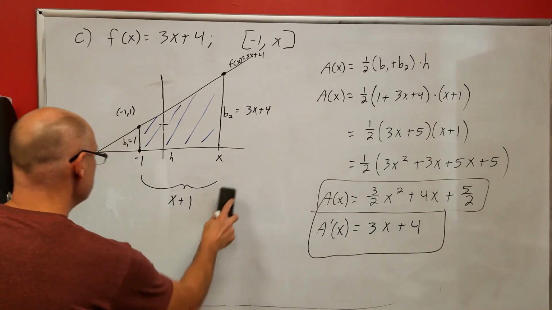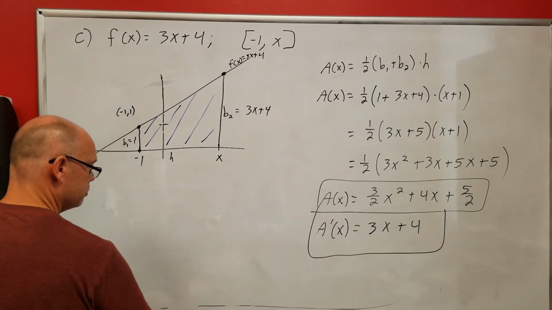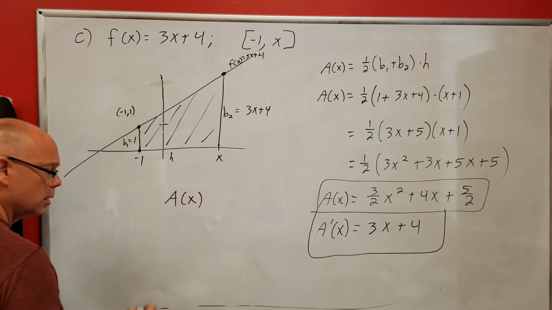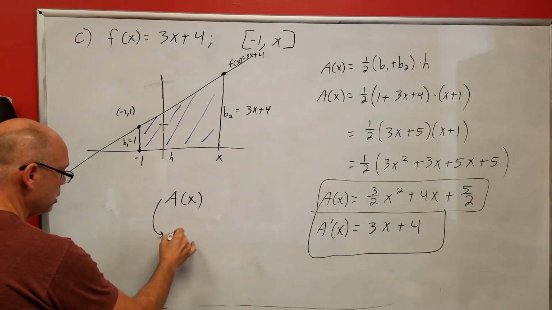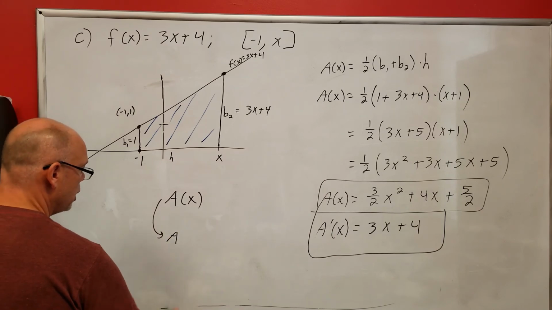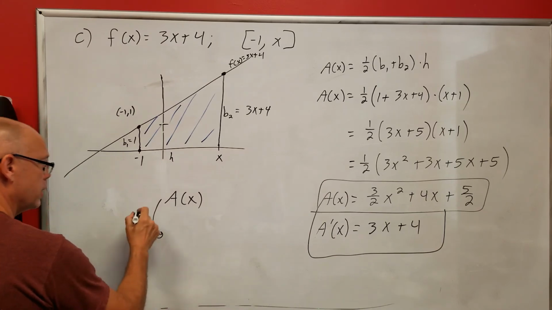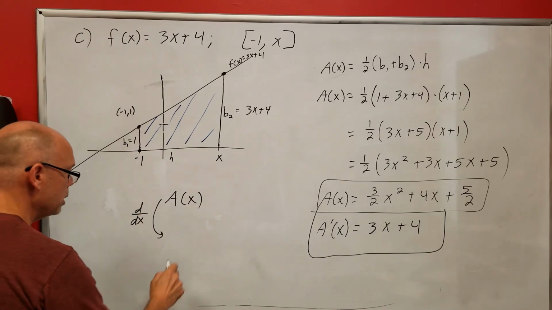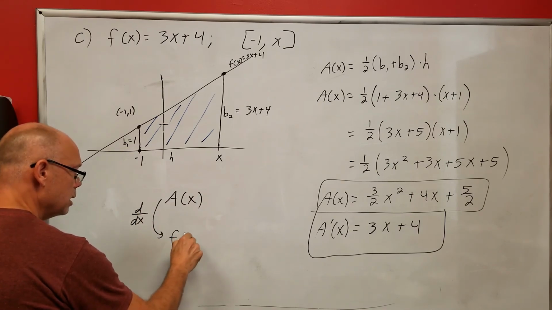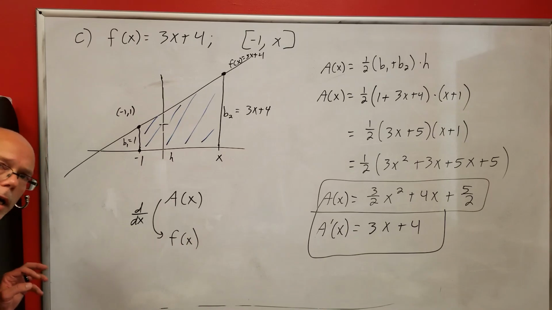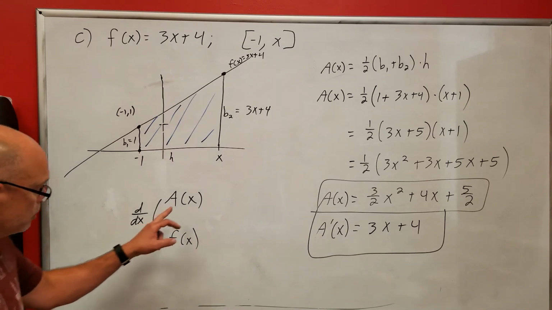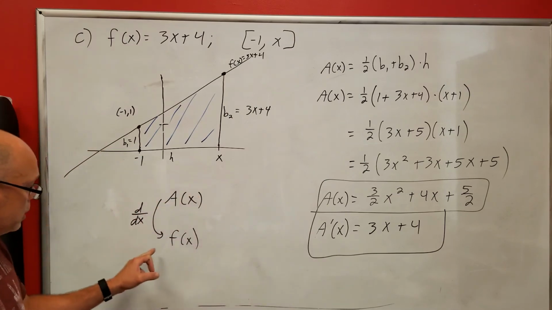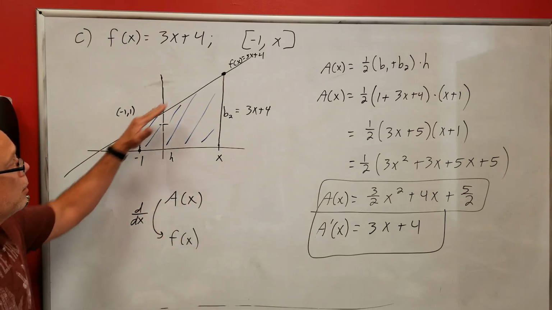For everything we did, we found our area function. Whenever we took the derivative, A prime of x, what did we come up with? We came up with the function f of x, right? So whenever we start out with the area function, like we did here, and take the derivative of it, we come up with the curve itself, right?